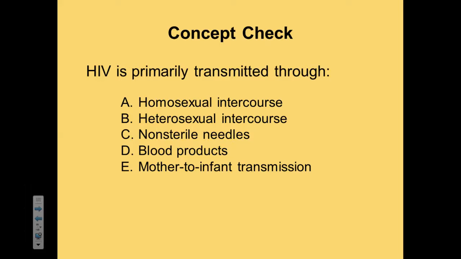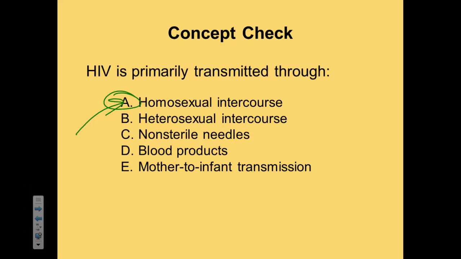Within the United States, most new cases of HIV are going to be within men who have sex with men, or within homosexual intercourse. And this is a disproportionately large representation of the population. The next largest population that is going to develop HIV/AIDS is going to be individuals of African American or black descent.